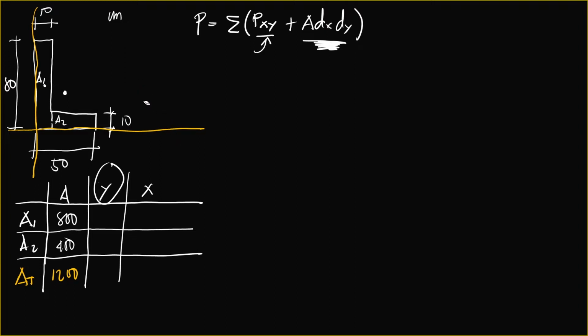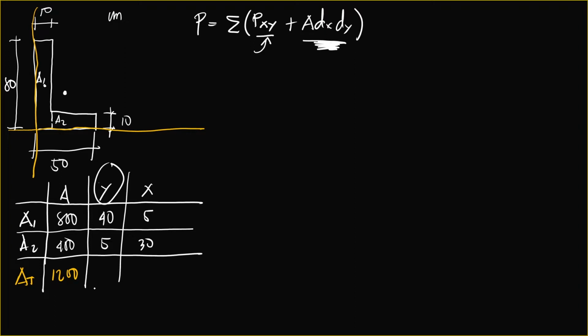So 40, and for A2, 5. Then for x, the x of A1 is 5, and here x is 10 plus half of 40, which is 30. Do you agree, 30? You have to agree, because I'm sure it is 30.